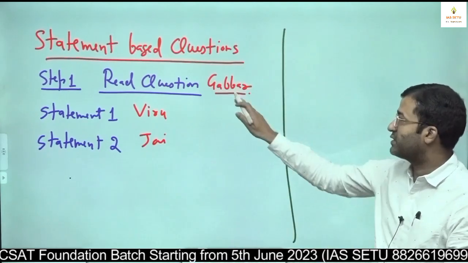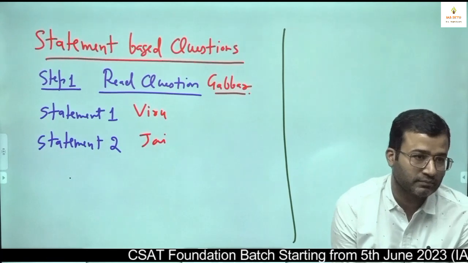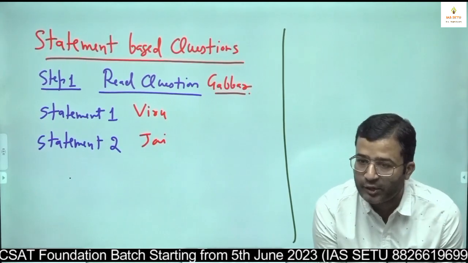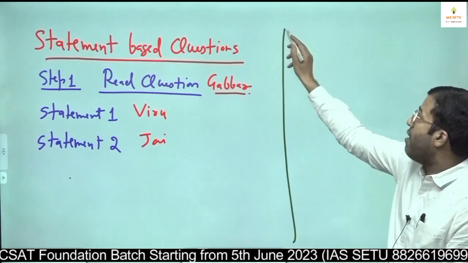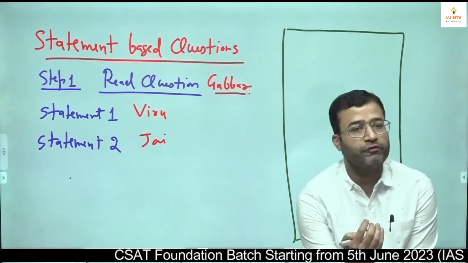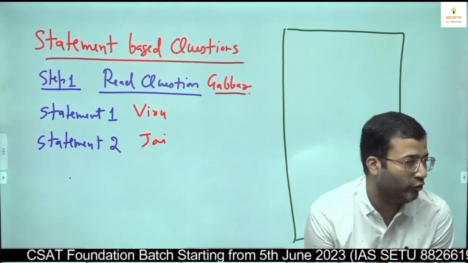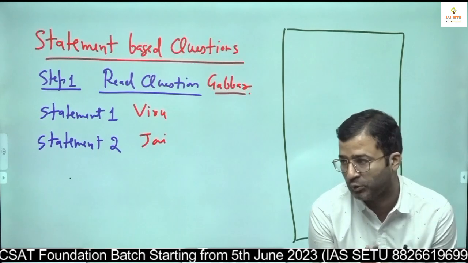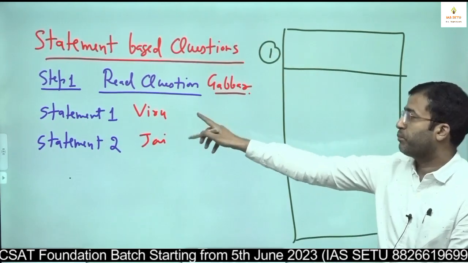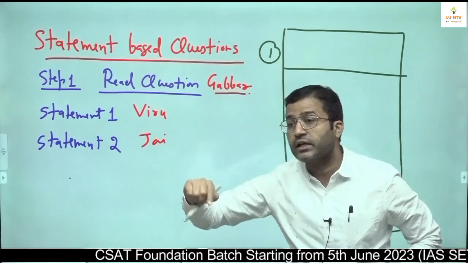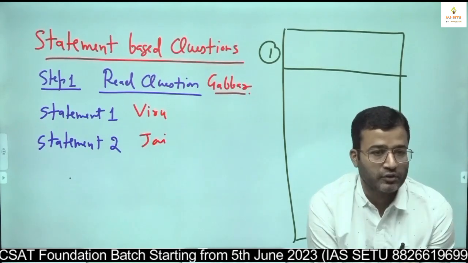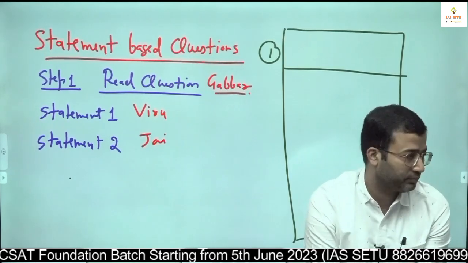First, you have to understand about Gabbar, that we have to defeat him, how can we defeat him, meaning the question. First read the question. After that, there are 5 possibilities. Out of 5 possibilities, the examiner will use any of the 4 possibilities in the answer options. In the first possibility, we will use statement 1 alone. Means Viru alone will try to defeat Gabbar.